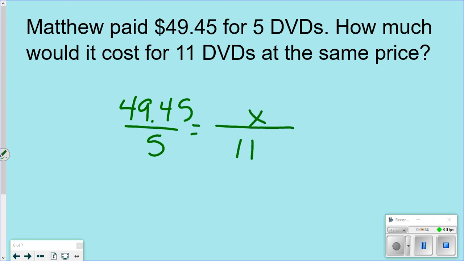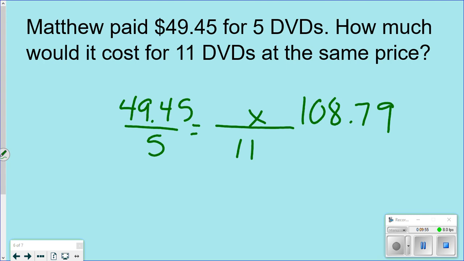Hopefully this is how yours looks. And then you go ahead and solve it. You should get $108 and I believe 79 cents.